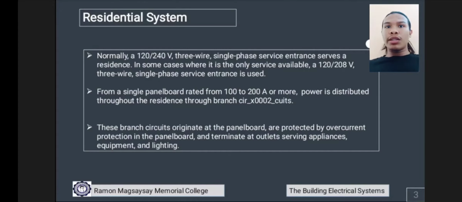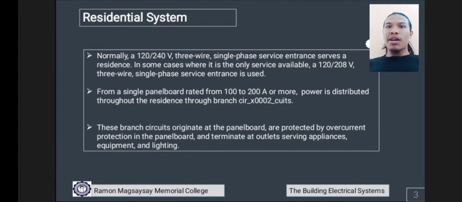Power is distributed throughout the residence through branch circuits. These branch circuits originate at the panel board, are protected by the overcurrent protection in the panel board, and terminate at outlets serving appliances, equipment, and lighting.